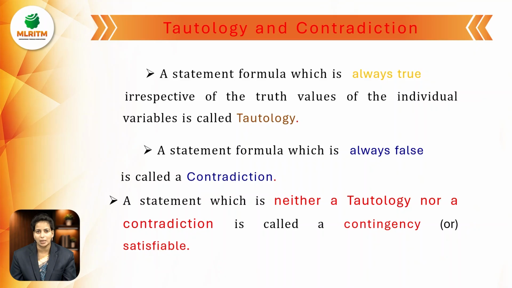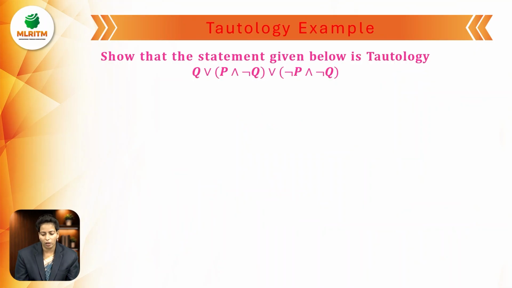Let us consider some examples of tautology, contradiction, and contingency. Show that the following given below is a tautology. Show that means the result is only tautology. So already I told you, before construction of any truth table, observe how many variables are in the given example.